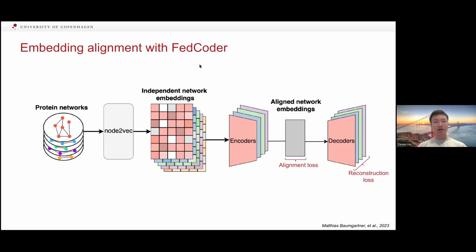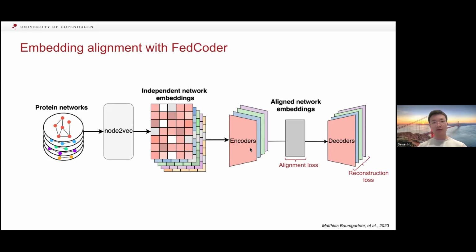And we do this with a method called FedCoder. Firstly, we just generate the node2vec embeddings for each species. It's very simple. We just run the code from a public code repository. And then we re-implemented the FedCoder, to make sure that it works the way that we want.